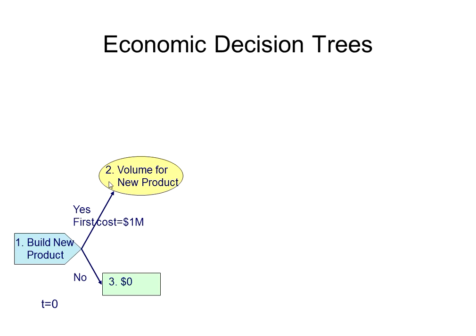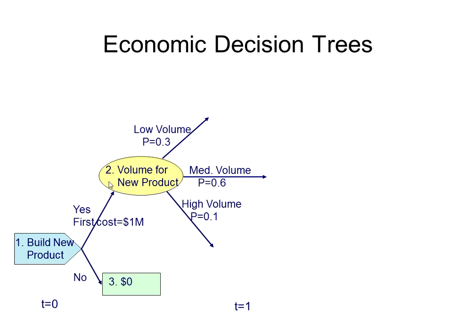And then we don't really know what's going to happen, but we might have some type of volume for the new product in terms of what's going to be demand for our product. So demand could be either low, medium, or high, right? We could have really low demand for our product, medium demand, or high demand.